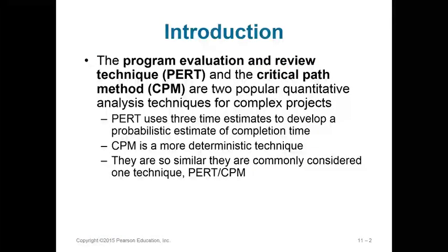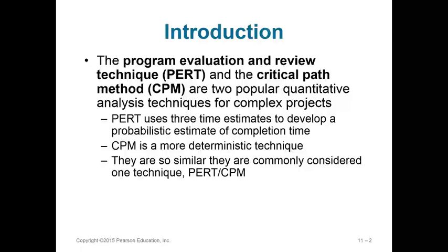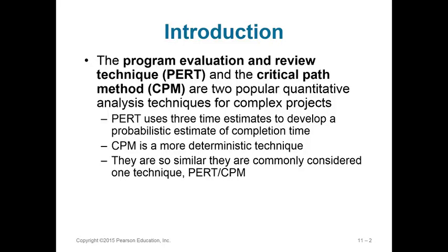One of the first things that we need to look at is a couple of the major processes or means of making decisions based on project management theories. That would be PERT, or Program Evaluation and Review Technique, and CPM, or Critical Path Method.